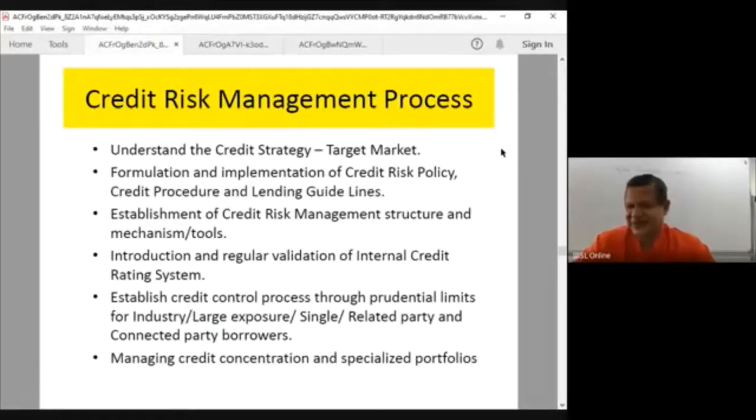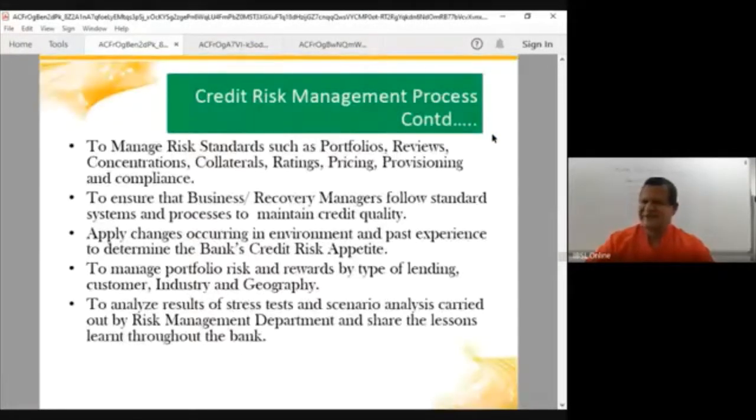So you need to follow that. Managing credit concentration and specialized portfolios is also part of credit risk management. This can go on. The responsibilities are enormous, and I can go on. So I will stop with this as part of the process and go into details.